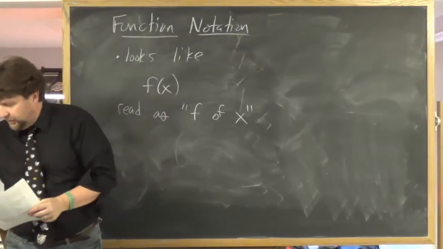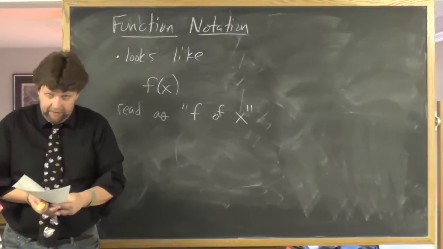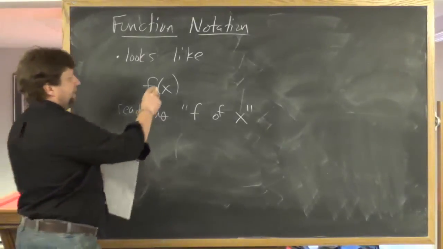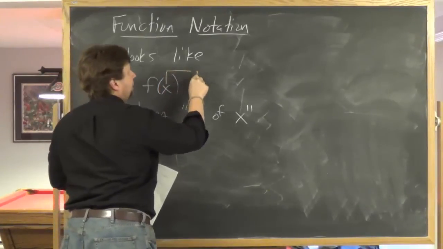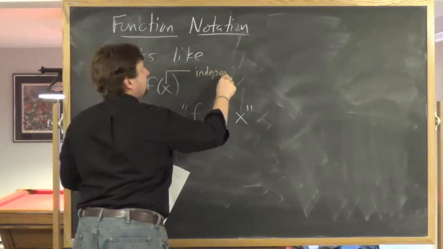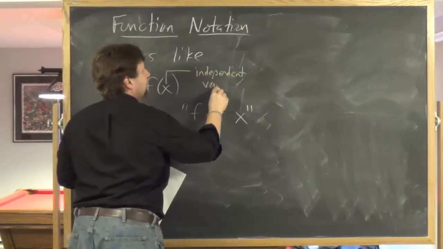And then here's what I'd like you to remember about this f of x notation. First off, the variable x is a variable, but it's the independent variable.